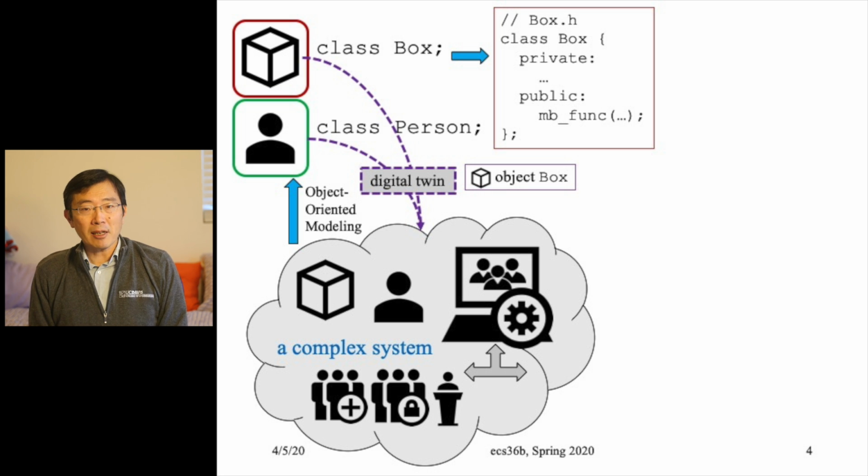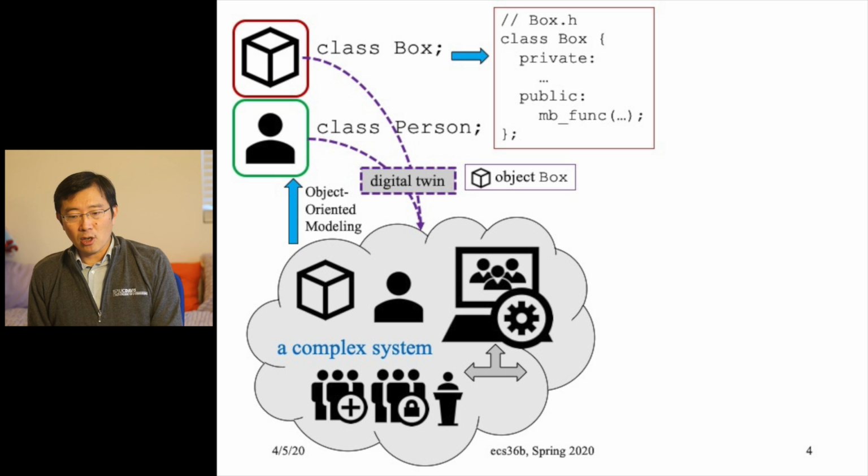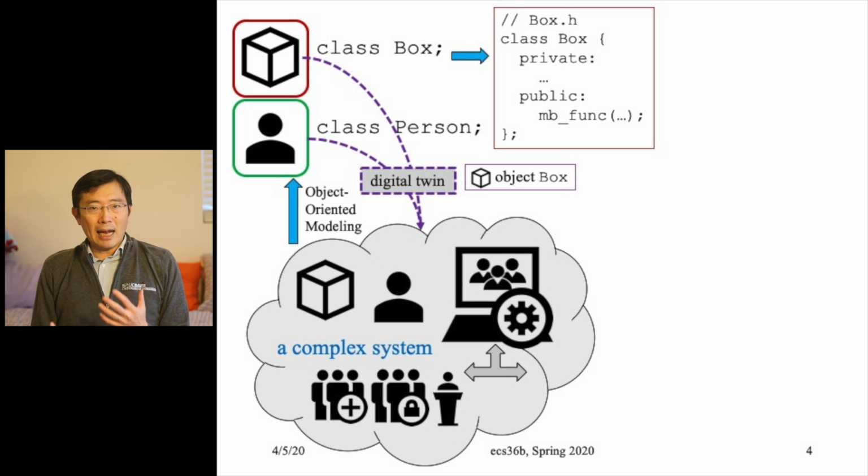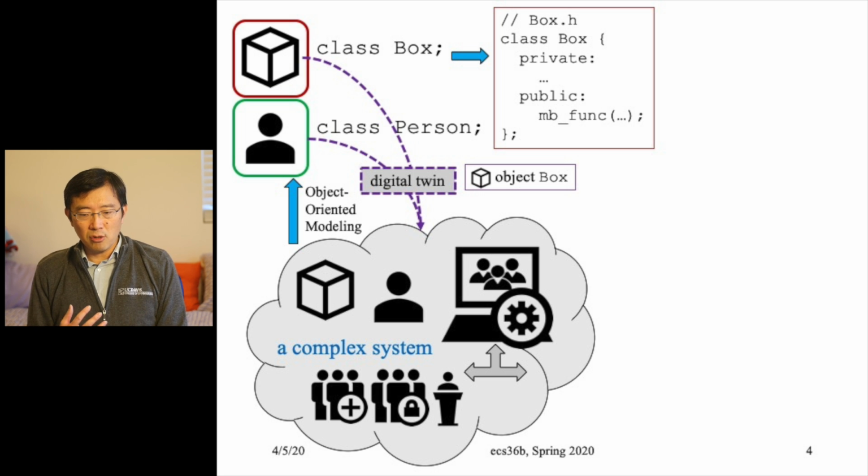Within the public section, you define, among other things, member functions. Member functions are purposely defined such that other elements in the complex system can interact with this class box.